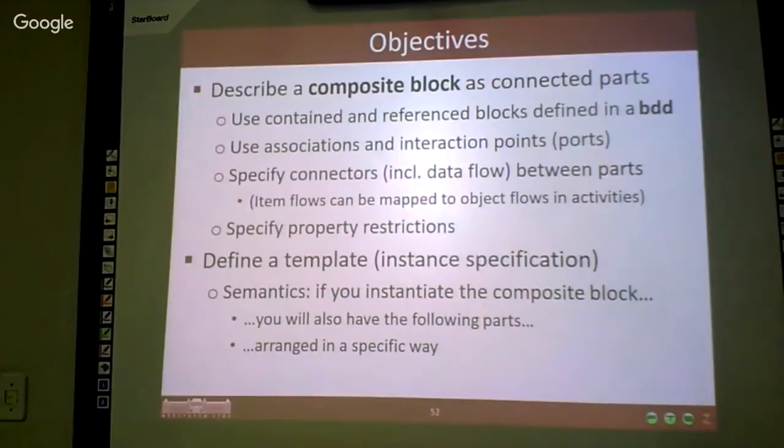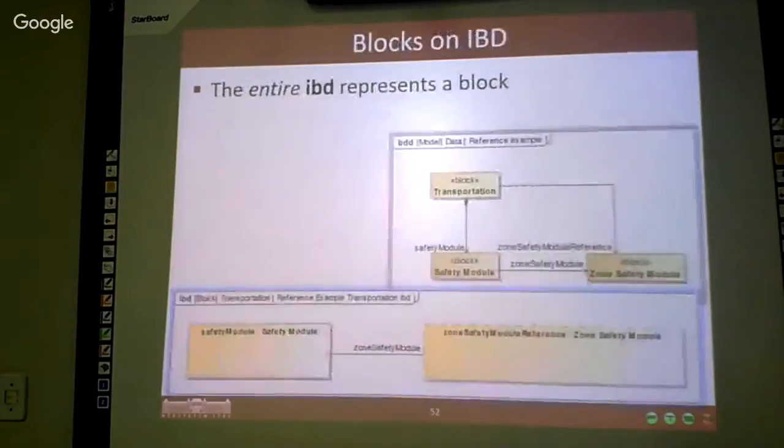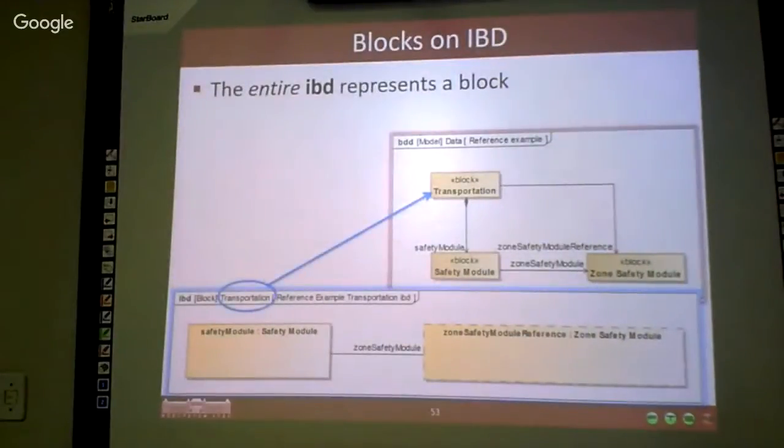So that is what you define in an IBD. So as I mentioned, IBDs are used to represent a block. Here you can see that there is a transportation block that contains a safety module, and it has a reference and association to a zone safety module.